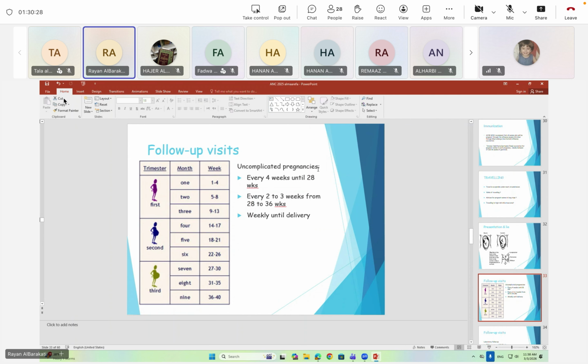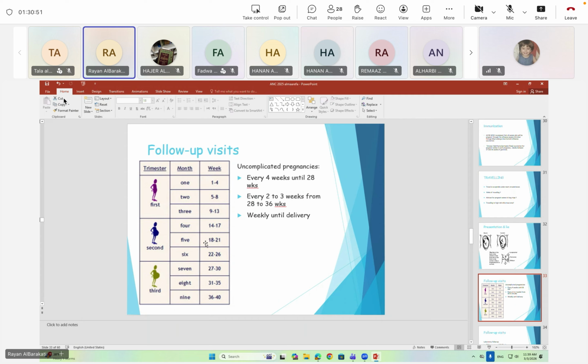Previously, it was 4 antenatal care visits for a low-risk pregnancy. However, this has been changed, and now the minimum recommended is 8 visits: 1 in the first trimester, in the first 12 weeks, then 2 in the second trimester, and 5 in the third trimester, to make 8.